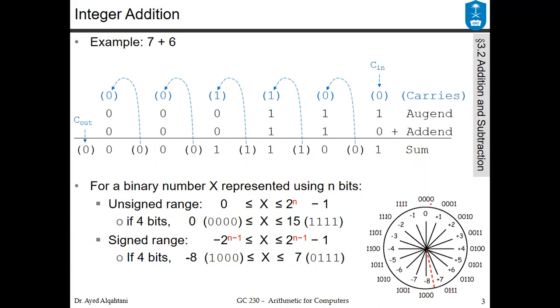So we have 16 different combinations of bits if we use 4 bits.